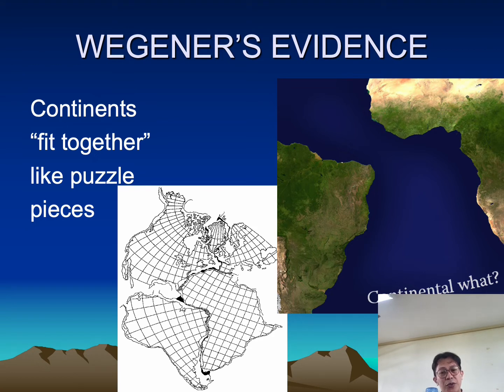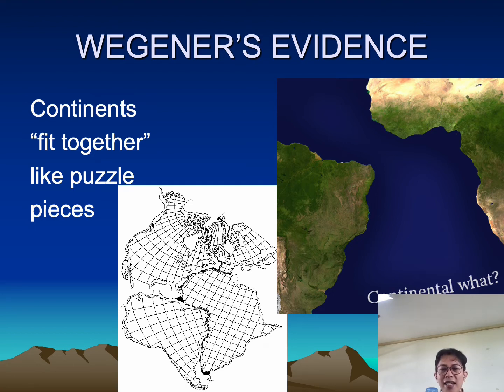Wegener is correct: if you are going to fit the edges of these continents, they really fit, like what you have just seen on your screen. This upper part has three continents actually. If you fit them, it's as if they are meant to be together.